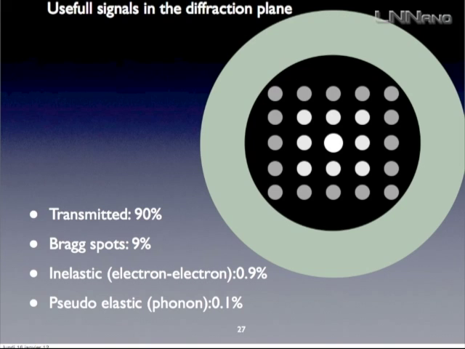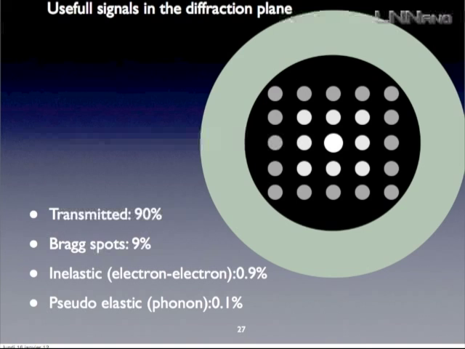Okay, so it's the plane which is at infinite distance from your objective lens, or it's a Fourier plane if you have a lens. So the signal we want to use for imaging in a STEM will be essentially bright field, the transmitted beam here, which is something like 90% of the signal. Then you have all the signals that come from diffraction, the bright spots, so maybe it's 9%.